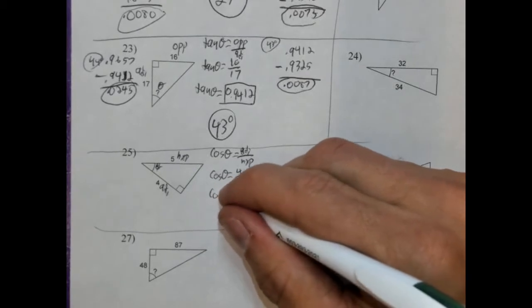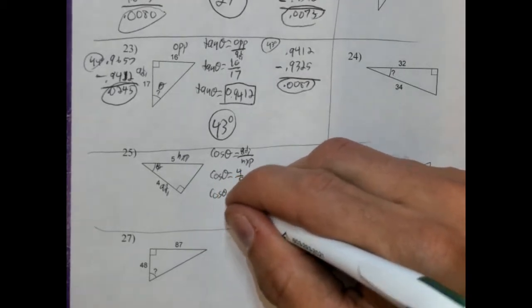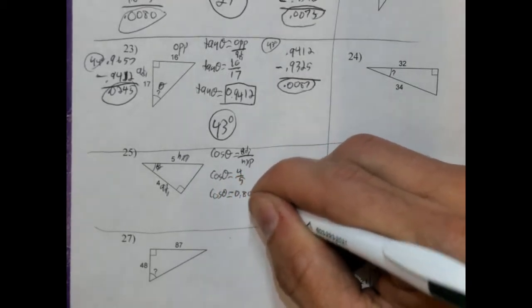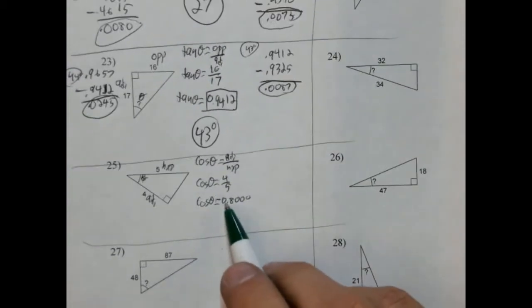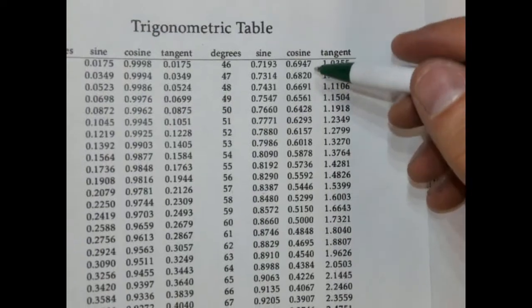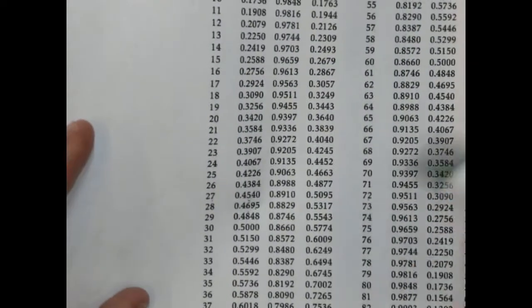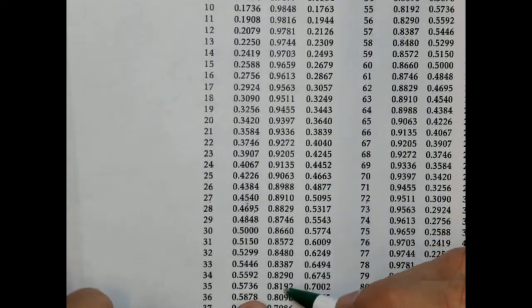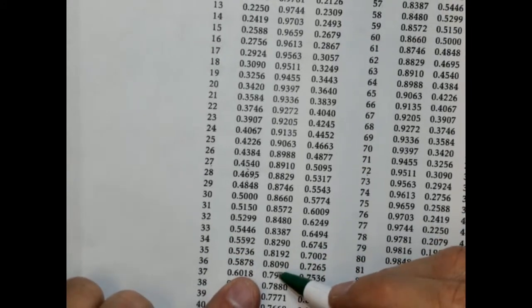So cosine of theta is going to be 0.8000. We're going to look for the cosine column and see where that is. The cosine column is this middle column, and it's going to be in between these two values here.